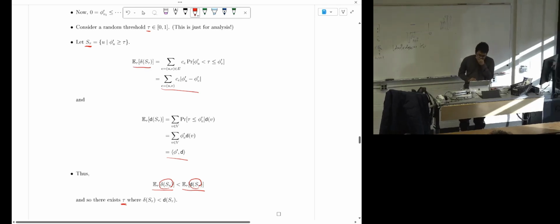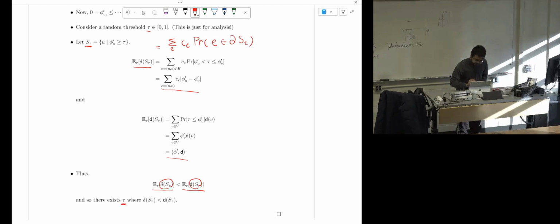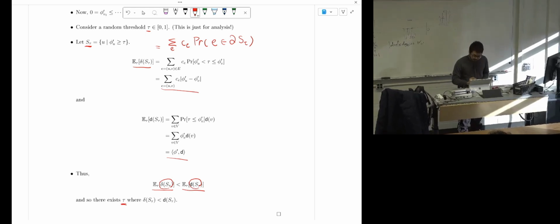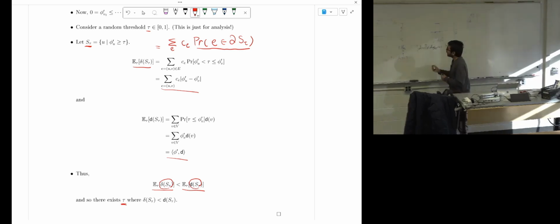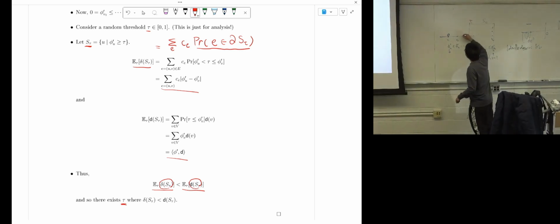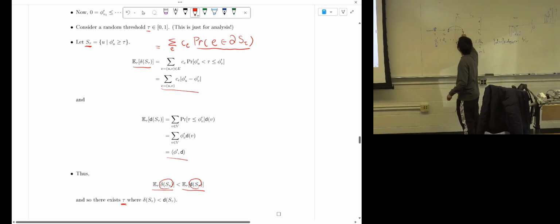The expected cut size is a sum over all edges, the capacity of that edge times the probability that this edge is cut in the cut of S tau. What is this probability? An edge is cut if, of its two endpoints, one is outside and one is inside S tau.